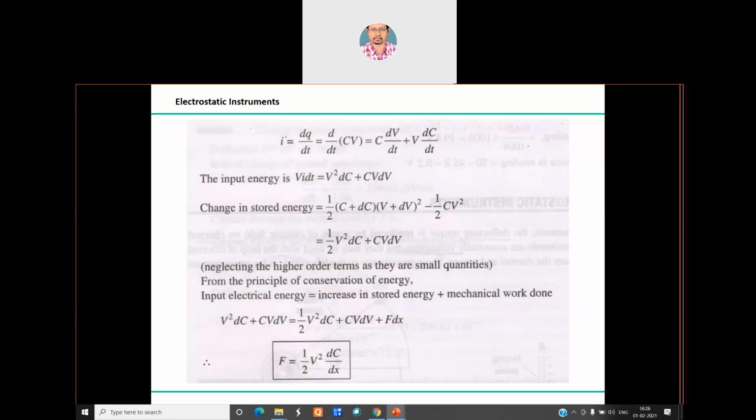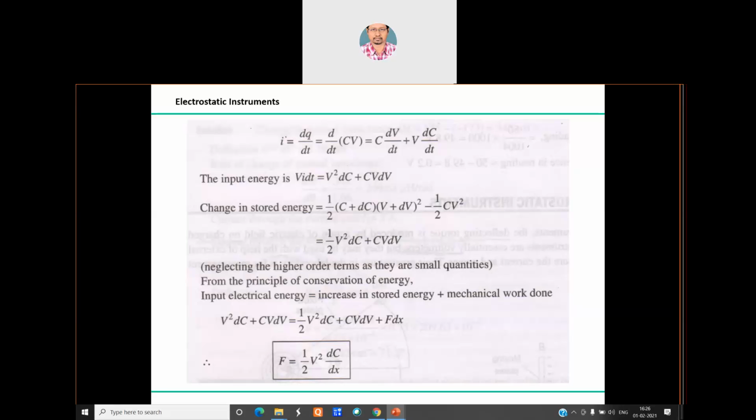As we have seen, electrodynamometer and moving iron type instruments are current sensitive devices, where V is equal to d phi by dt, or E is L dI by dt. Here it is a charge sensitive, or voltage sensitive, device, and therefore I is equal to dq by dt. Substitute the value of CV now.